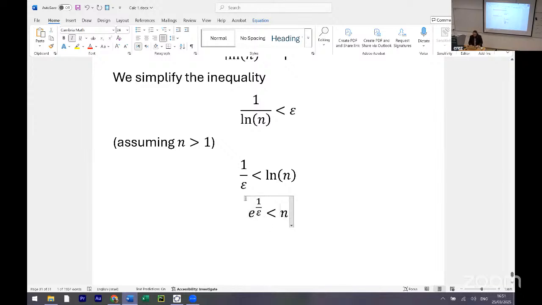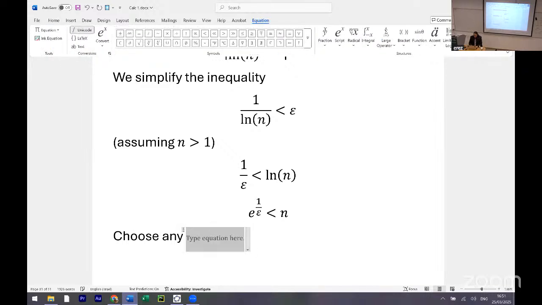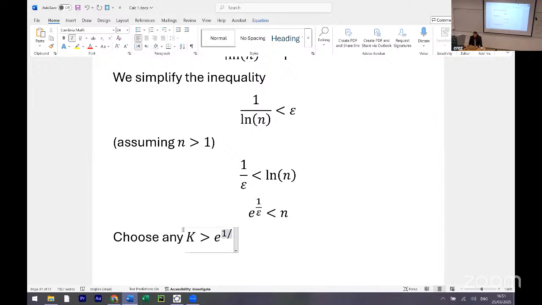Okay, so to finish the proof, we'll say choose any k larger than e to the power of 1 over epsilon.